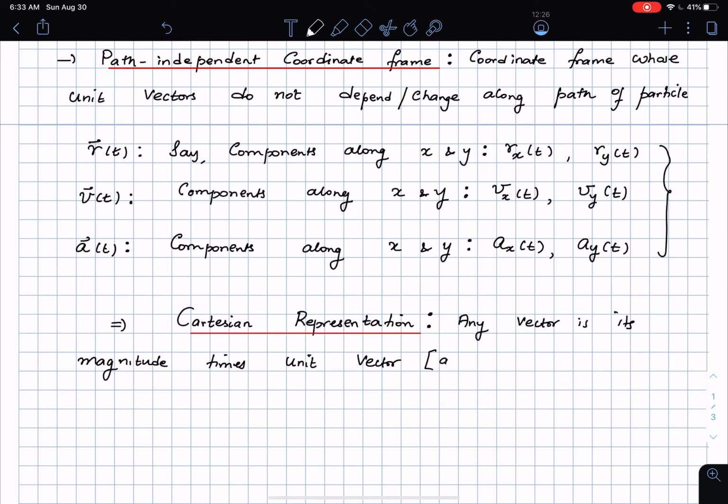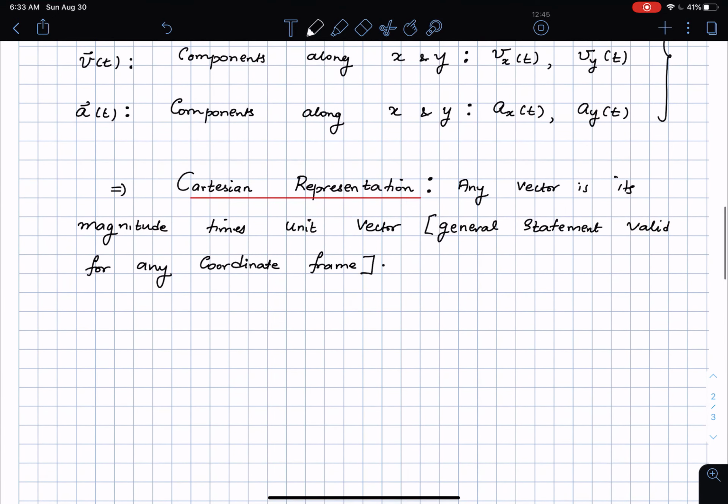This is a general statement, valid for any coordinate frame. If I make use of that, then the position vector r of t is going to be rx of t in the i direction plus ry of t in the j direction. This is the Cartesian representation of the position vector.